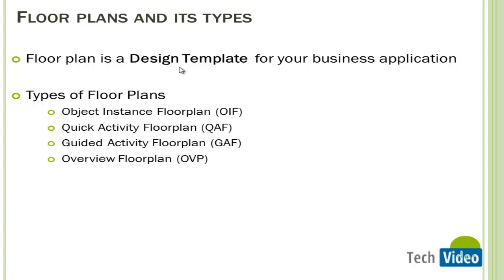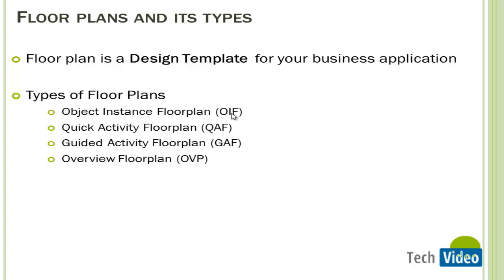In this case, I would rather want a step-by-step procedure in my application instead of putting everything in one particular UI. So step 1 is for choosing my items, step 2 for checking out all the items in my shopping cart, the third step would be for the payment, and the fourth step is for the confirmation. This kind of floor plan is called the Guided Activity Floor Plan.